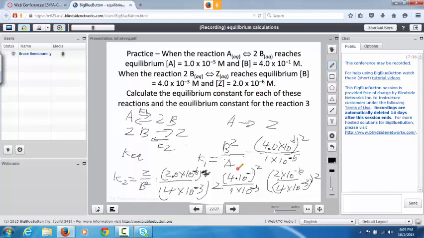And this is going to give us the total KEQ expression. So that would be the total KEQ.